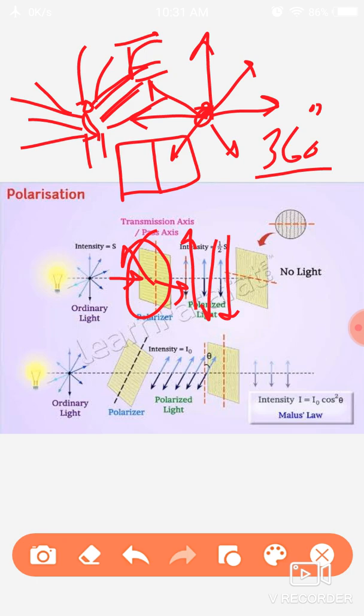So this will be called a polarized light.